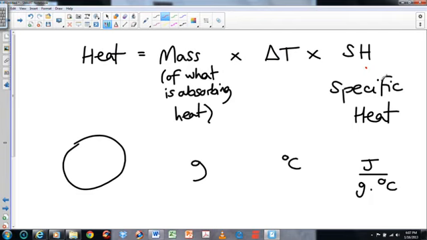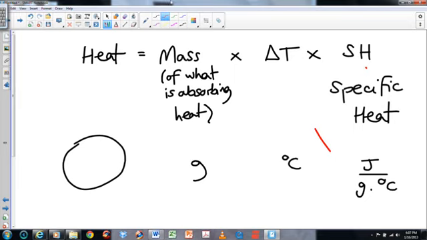Now let's talk units here for just a minute. The units of specific heat are some form of energy per gram per degree C: joules, calories, something like that. We're going to stick with joules for now. If these are the units of specific heat, joules per gram per degree C, notice degrees C and grams are on the bottom, joules is on the top.